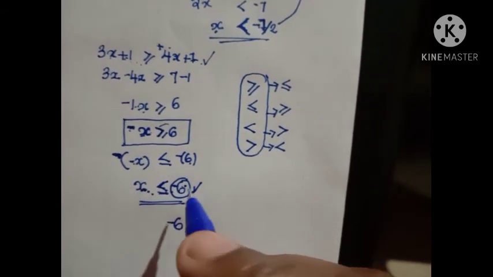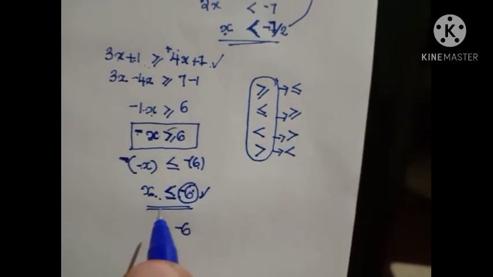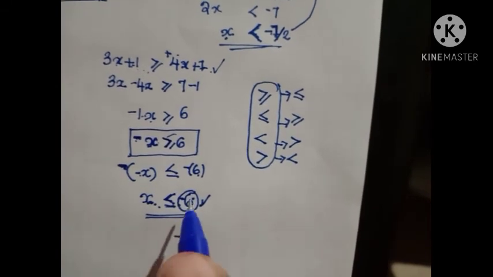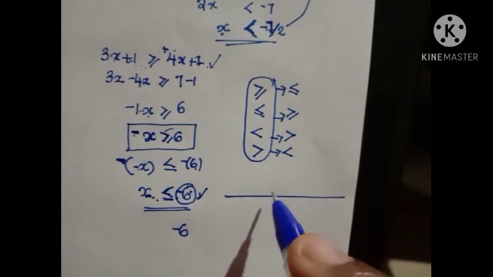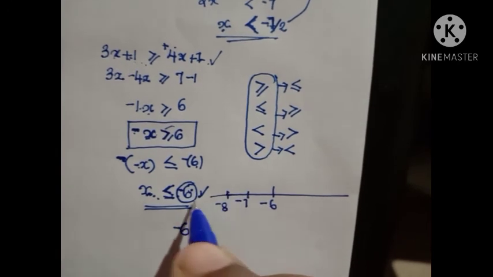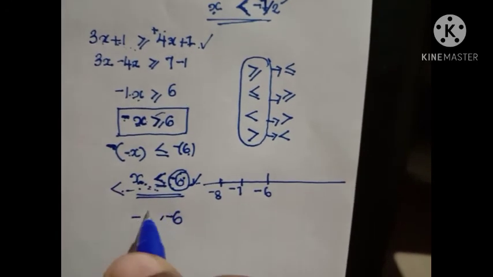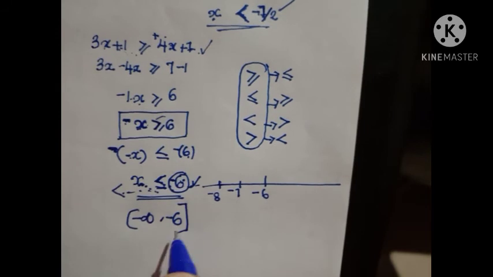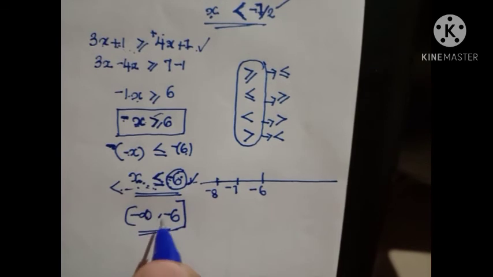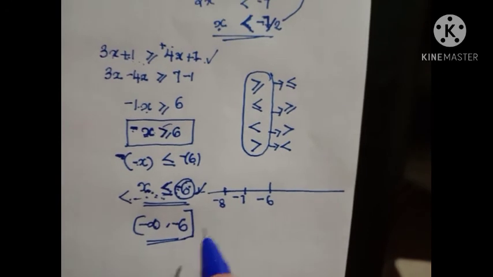Minus infinity, because we can take values less than minus 6 such as minus 7, minus 8, minus 9, minus 10, etc. Left side. So minus infinity, including minus 6. So we can write this as minus infinity to minus 6, in the form of a semi-open or semi-closed interval.